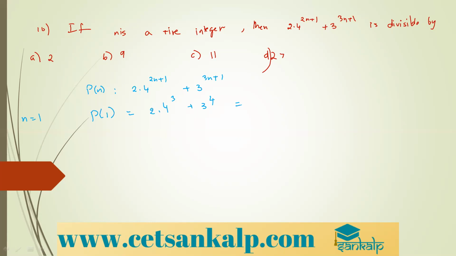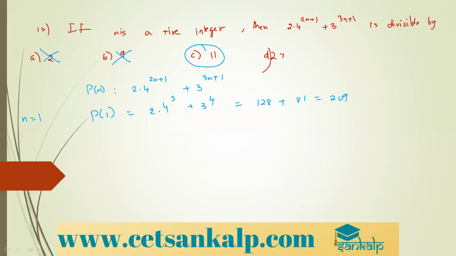So 2 into 64 is 128, and 3 power 4 is 81. So I'm getting 209. Clearly 209 is not divisible by 2, not divisible by 9, but it is divisible by 11. So we can take 11 as the correct option.